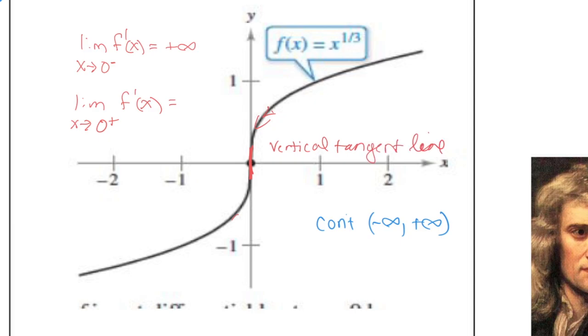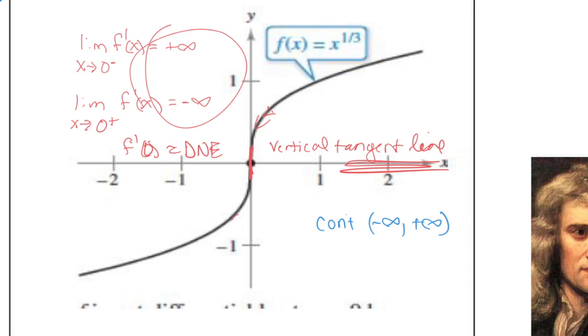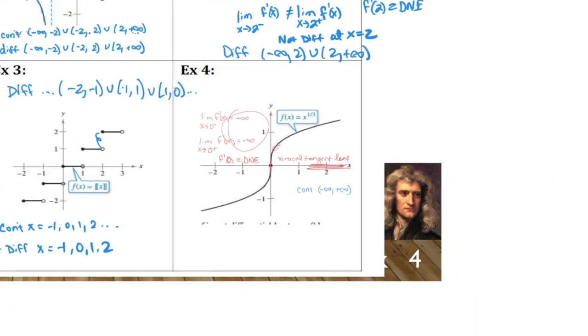What happens at the vertical tangent line is the derivative does not exist. So f prime at 0 does not exist because you are going to either infinity or negative infinity, and that is not okay. So we have a vertical tangent line, which means our derivative does not exist.